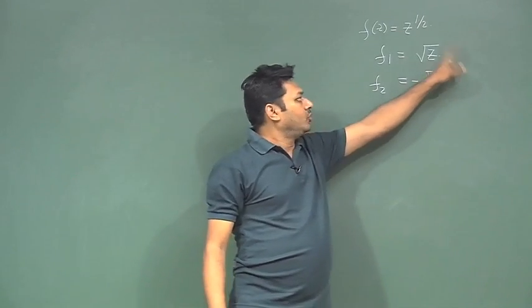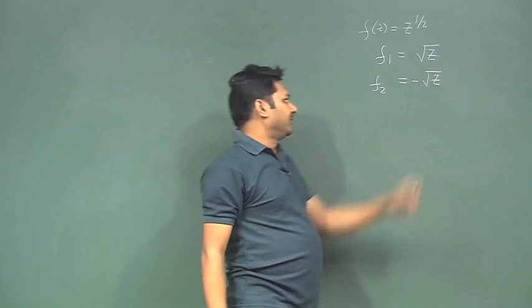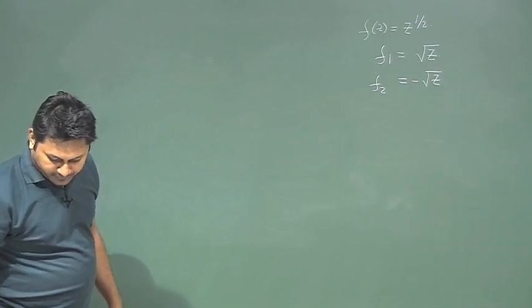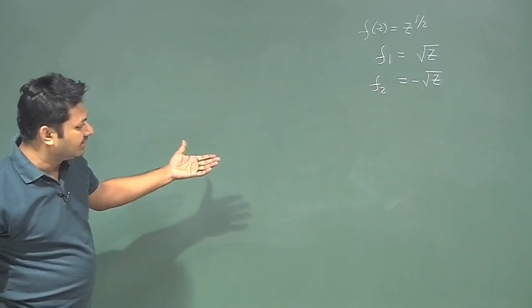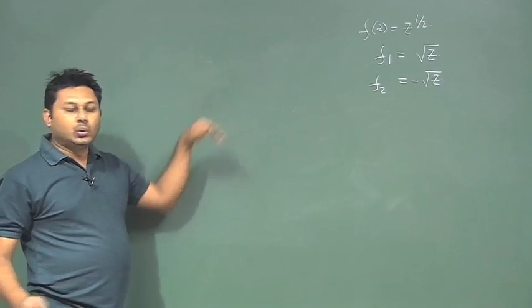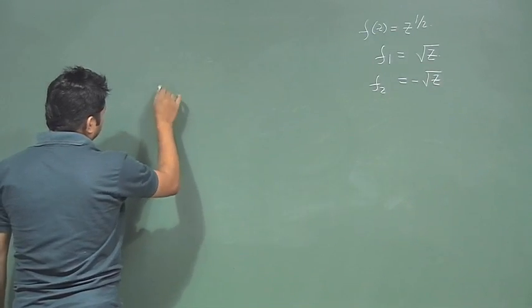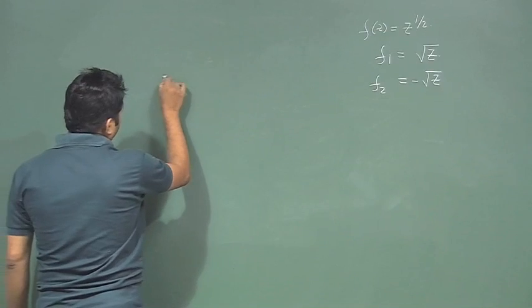After rotating 2 pi, it comes down to a negative value. So, how do I realize that? Again, I can draw very interesting sheets, since it is a multivalued function. I can draw two sheets; let me first draw these sheets, then I will explain how things are going on.